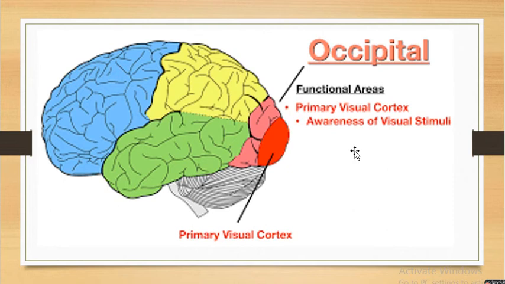So your visual system moves or does some action, so the visual system can recognize what actually happened. So this is also another function of the occipital lobe, that it is responsible for recognizing what is biting the foot. So this is also the awareness of visual stimuli.